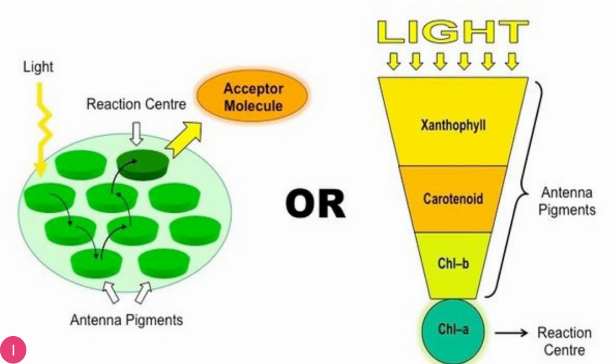As we discussed earlier, antenna pigments are the molecules which transfer light energy from one to another until it reaches the reaction center. You should remember for MCQs that the pigment present in the reaction center is chlorophyll A.